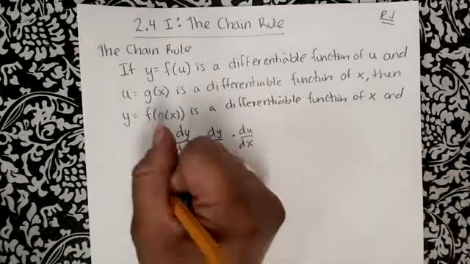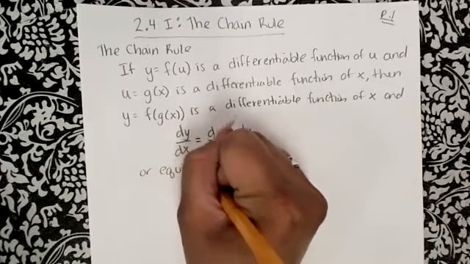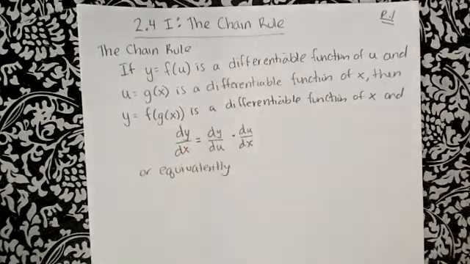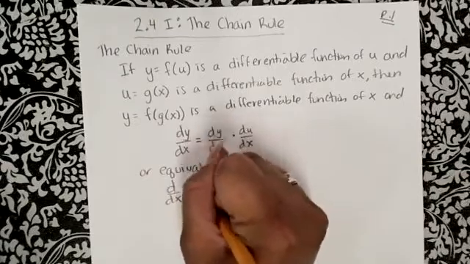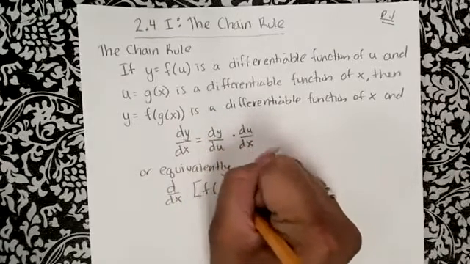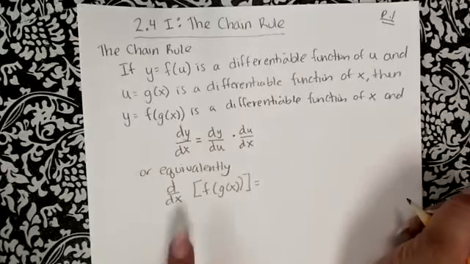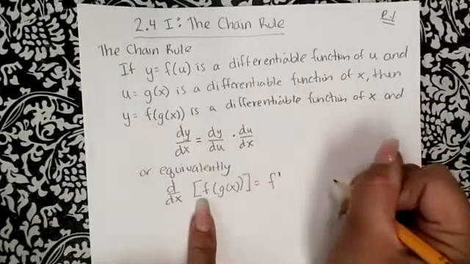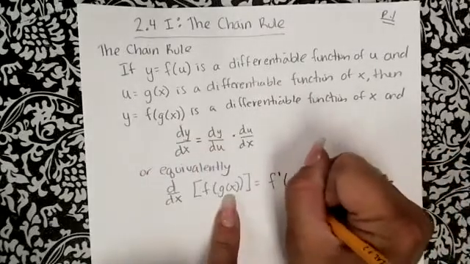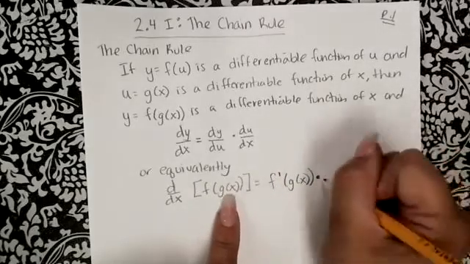Or better yet, the derivative of f of g of x: you take the derivative of the f first, which is the outside function, keep everything inside the same, then you're going to multiply by the derivative inside.